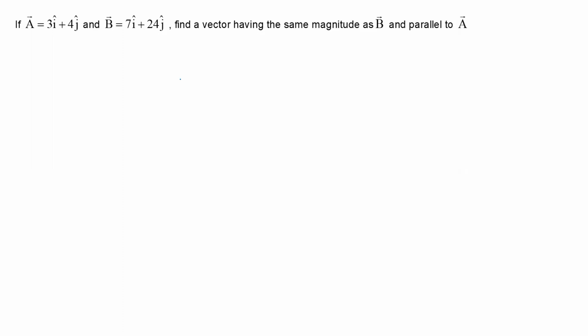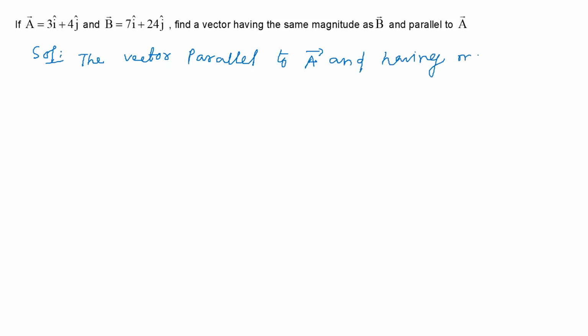So students, let's go for the solution. The vector parallel to A and having magnitude of B, let that be C vector, is equal to magnitude of B vector multiplied with the unit vector along A cap.